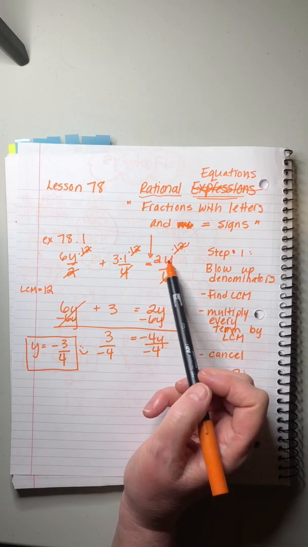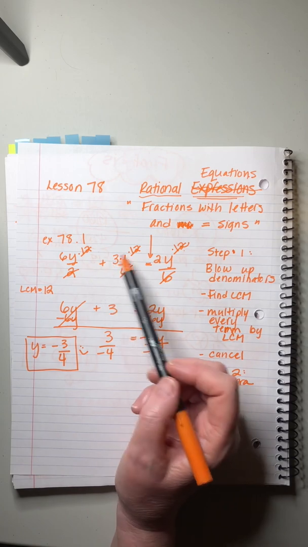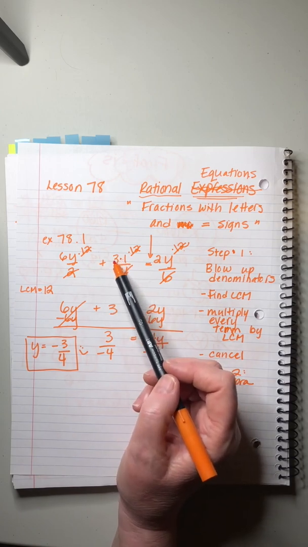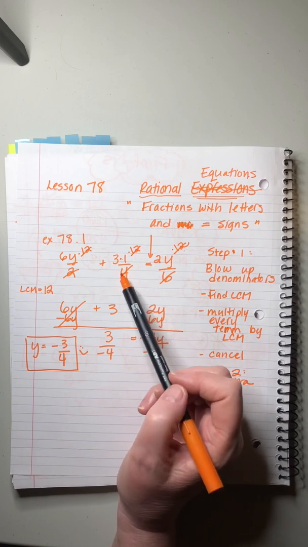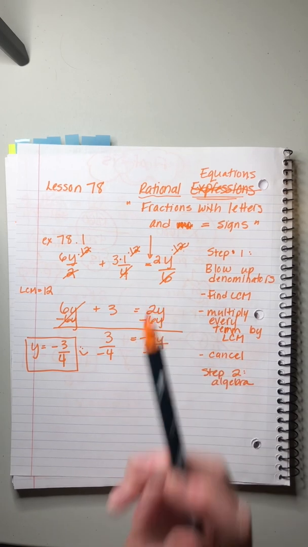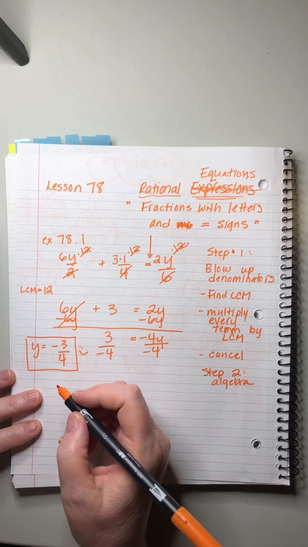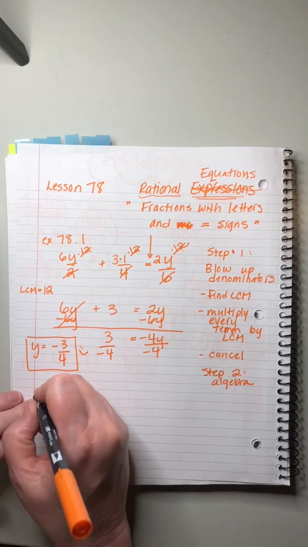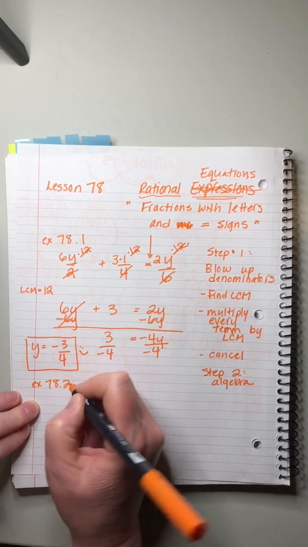And then later, this will get a little bit more complicated, this process of multiplying whatever's in the numerator by the difference between those two, or the quotient, I guess would be the proper mathematical word. We just have to be careful at that step. But then from here on out, it's just algebra. It's fine. Let's do another one. There are 1, 2, 3, 4 in this lesson, and then we're done. Example 78.2. Ready?